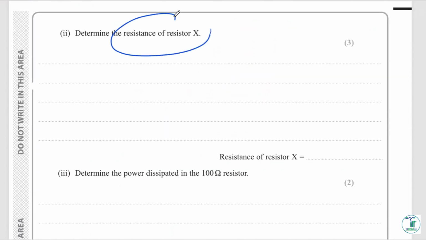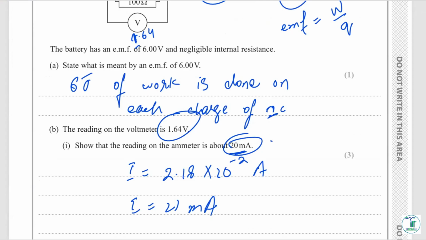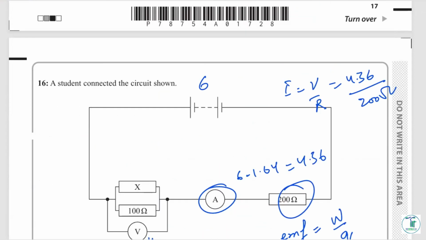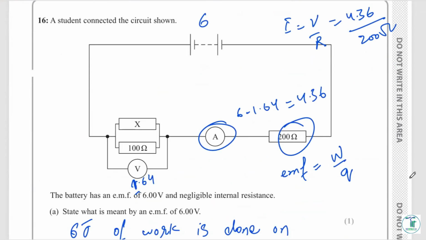Determine the resistance of the resistor X. Now we need to calculate the resistance of the resistor X, right? So first of all, we need the total resistance of the circuit.